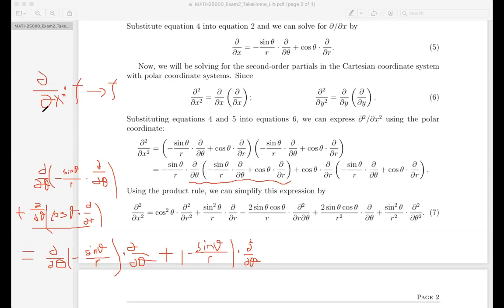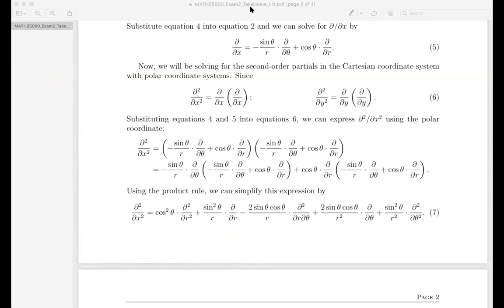For the partial operator, it is linear because partial x plus partial y of a function f is equal to, let me write it down on the board.